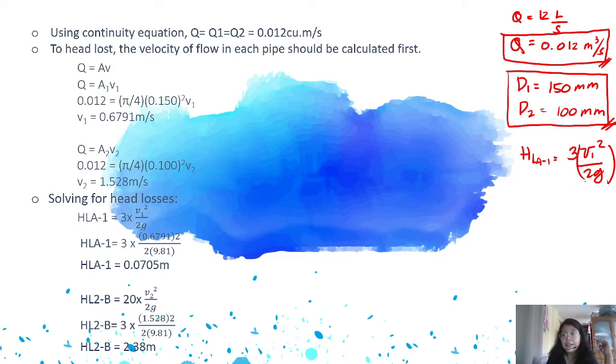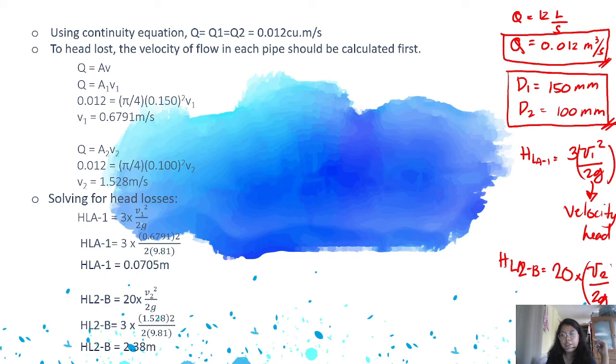That is the term for it. The problem also gives the head loss from 2 to B, which is 20 times the velocity head at point B, or V2. So that is 20 by V2 squared over 2g.